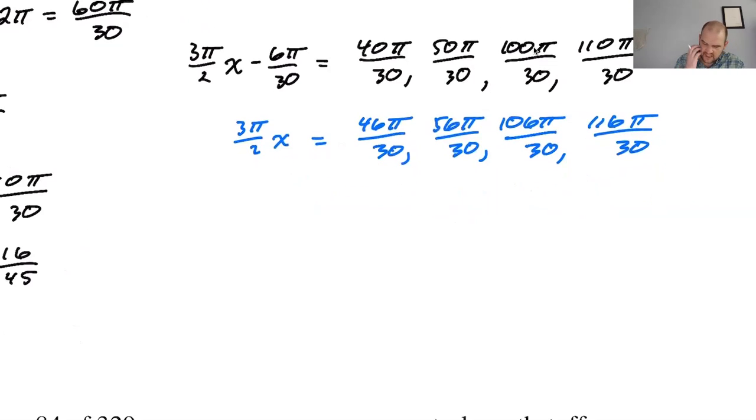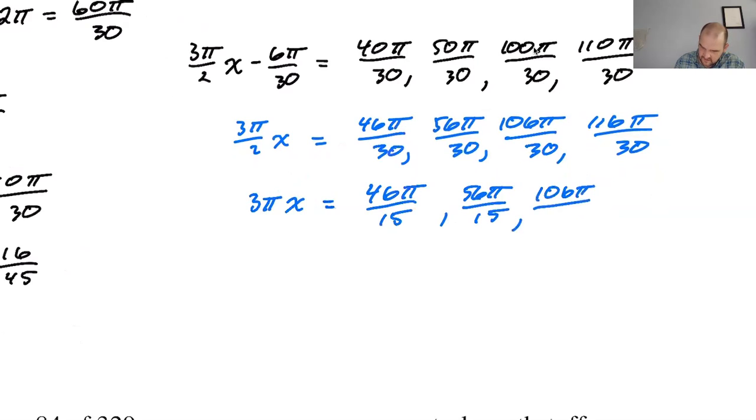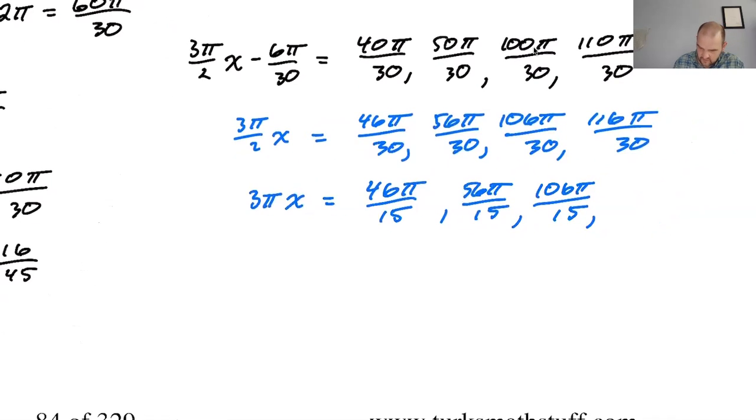I feel like a long time ago, someone convinced a lot of my students that they can't do anything in their heads, and that is just not true. I'm multiplying by 2, but I'm also canceling. So we'll get 56π over this, 106π over this, 116. This is what we did in our heads, and it was not bad. You just got to really focus, and I know that's not always easy.